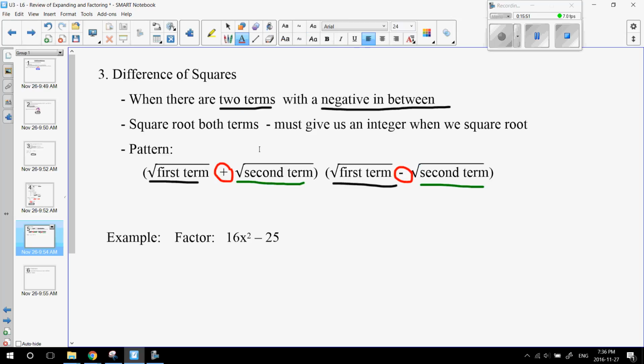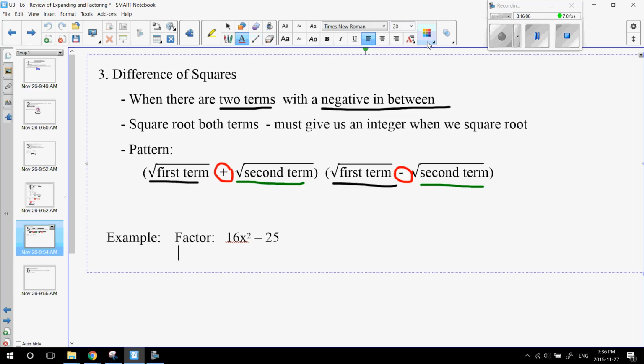Let's take a look at our example here. First, let's go through our list. We have two terms, and we look, yes, there is a negative in between them, so it's likely that we can do difference of squares. Now let's square root our two terms.